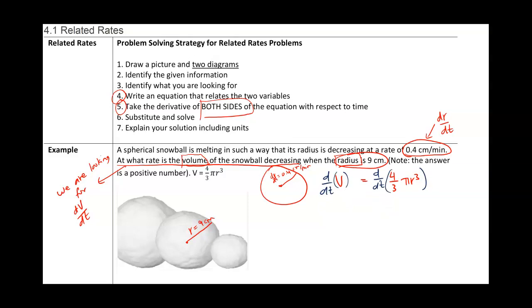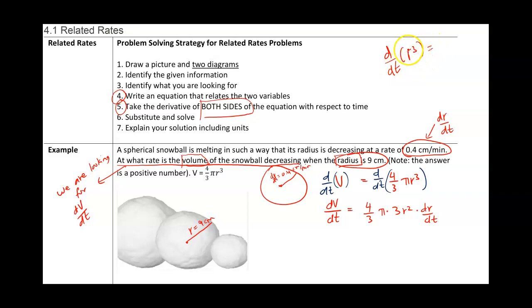Remember that when you have a V variable with a t input, we're going to get dV/dt. So we have dV/dt equals 4/3 pi times... 4/3 pi is a constant, so it remains the way it is. For the r cubed, I'm going to write the derivative with respect to time of r cubed.